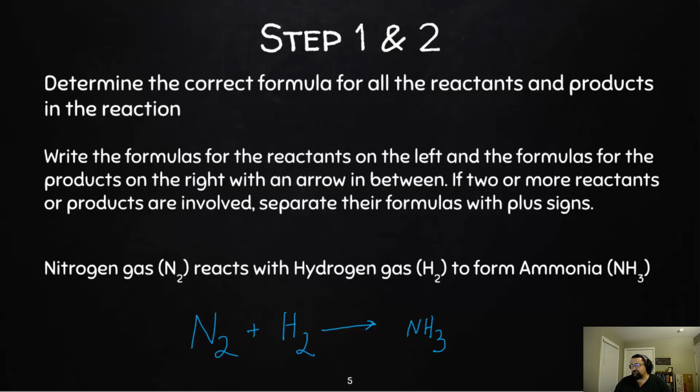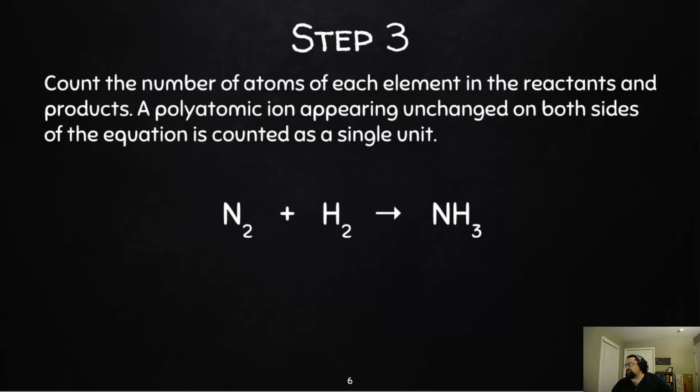All right. And so let's see what we do with our skeleton equation. So these are step 1 and 2. We get ourselves to the skeleton equation, and then we move on to step 3. So we have our skeleton equation. Now we need to start to balance it. And the first step in balancing is to count the number of atoms on each side.